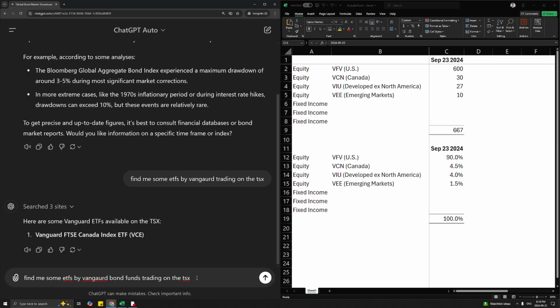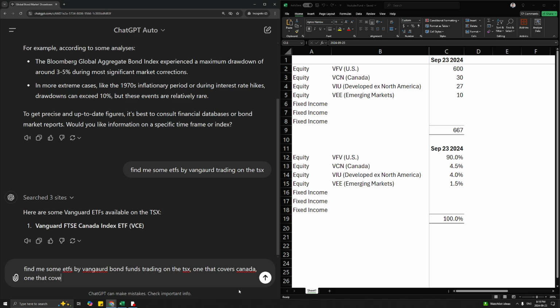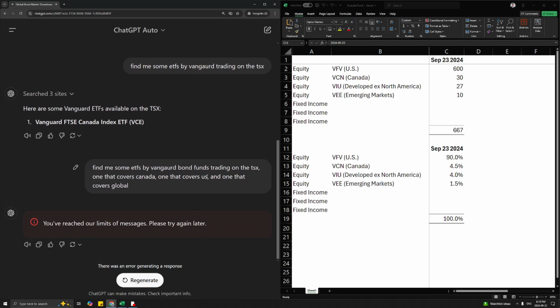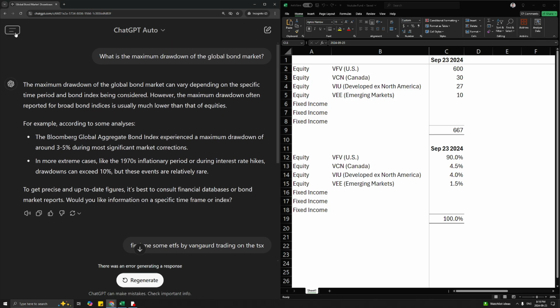Vanguard bond funds trading on the TSX, whatever. You can figure that out, right? ChatGPT could figure that out. One that covers Canada, one that covers US, and one that covers global. Enter. Whoa, really? Is that for real? No.